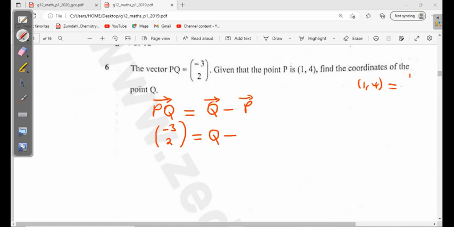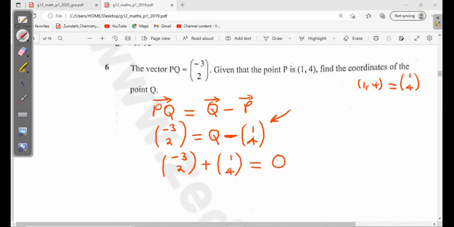So we are going to take this to the other side. It is negative here, so if it goes to the other side, it's going to be positive. So we have negative 3 and 2, plus 1 and 4 down, equal to Q, which has remained. When you have a, b like this, plus c, d, when you are adding, you just get those which are on top and add them alone, and those which are down, you also add them alone.